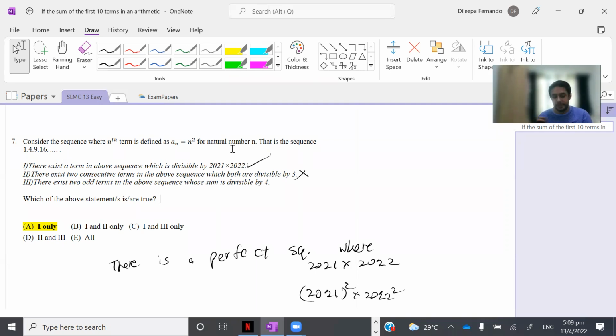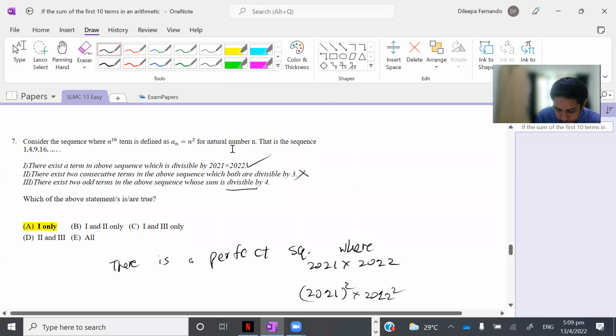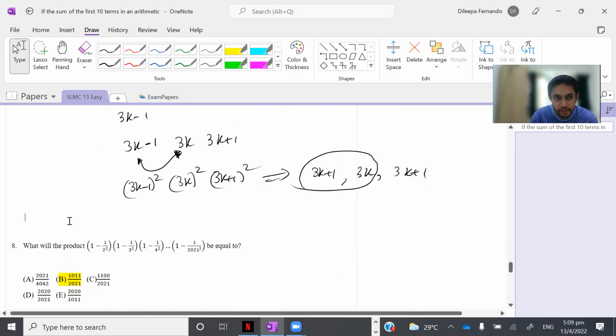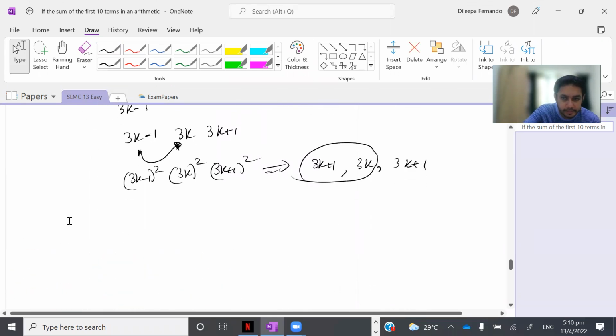Now again we have to consider modulo 4. At the first place we considered modulo 3, now let's consider modulo 4. In a similar way to modulo 3, you can find that any odd square number is 4k plus 1.